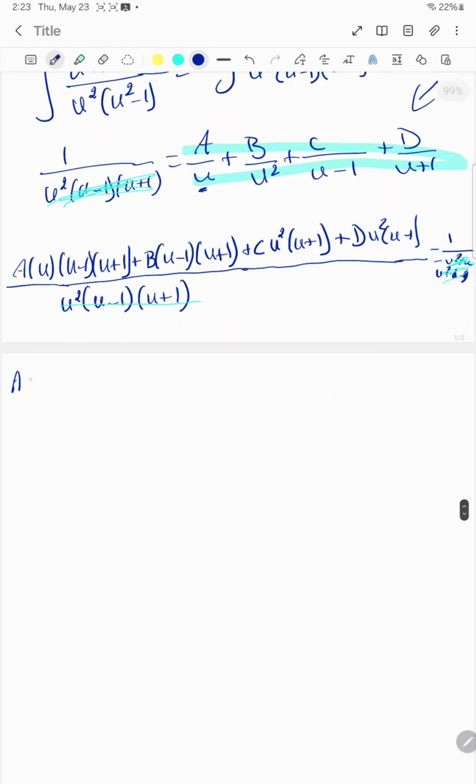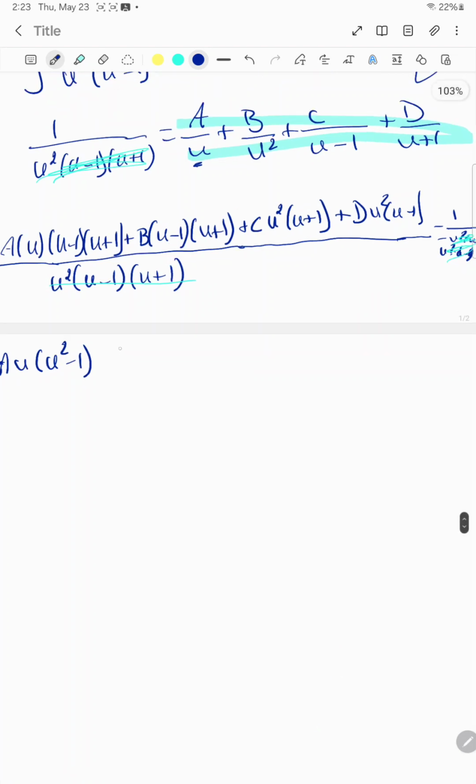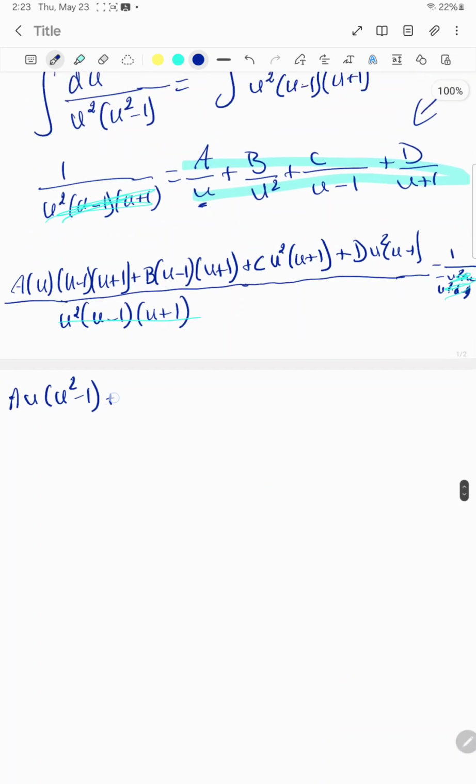So this becomes a times u times u square minus 1, because u minus 1 times u plus 1 is u square minus 1, plus b times u square minus 1, plus c u to the power of 3 plus c u to the power of 2 plus d u to the power of 3 minus d u to the power of 2 equal to 1.